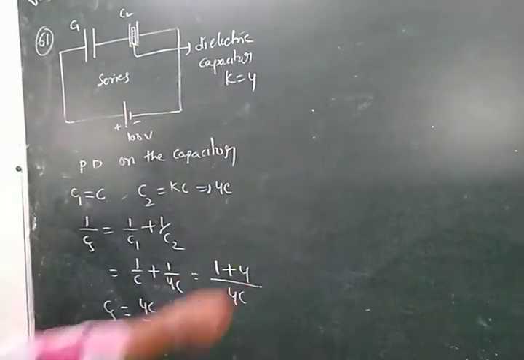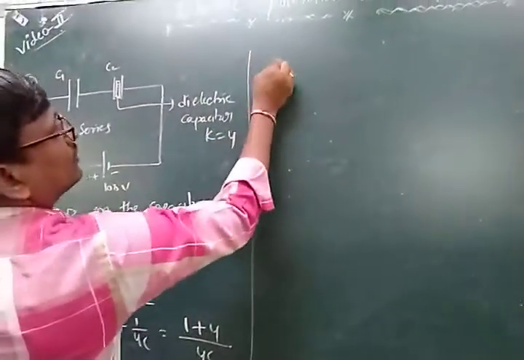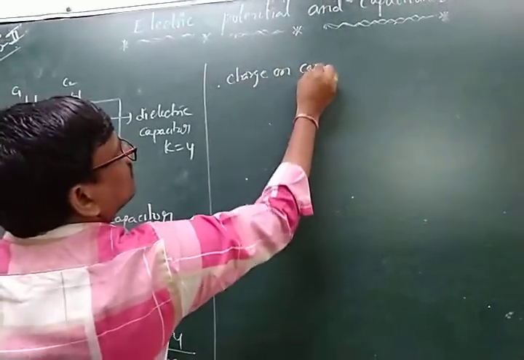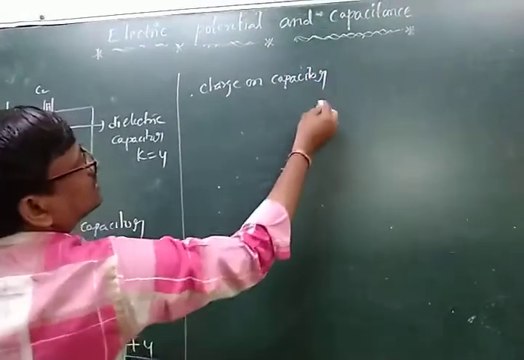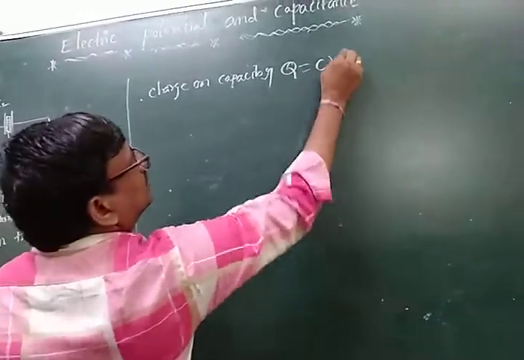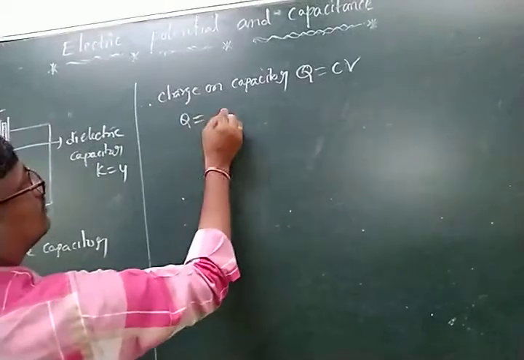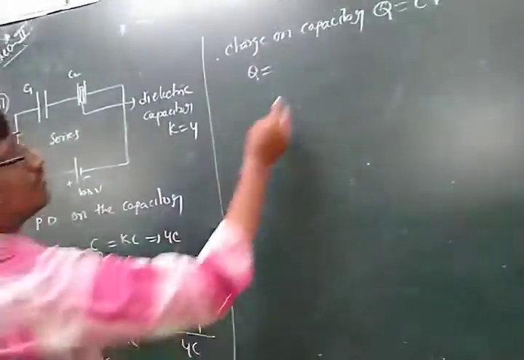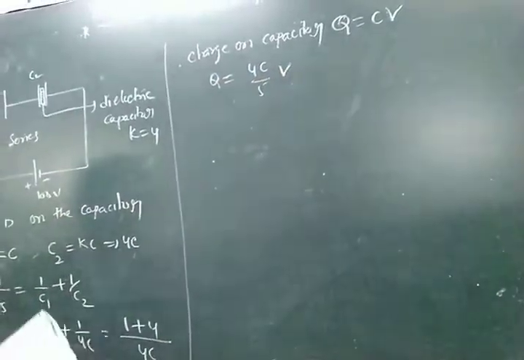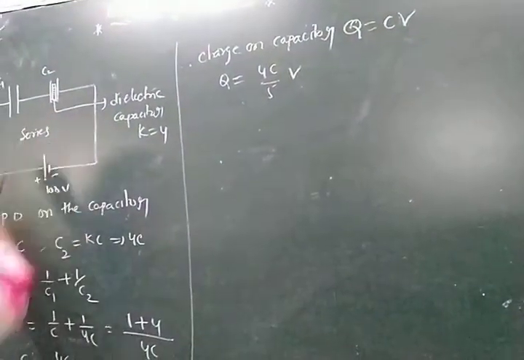Therefore the charge on the capacitor, Q is equal to C into V, where C is the effective capacitance 4C by 5, into the potential. Then we can find the potential on each capacitor.